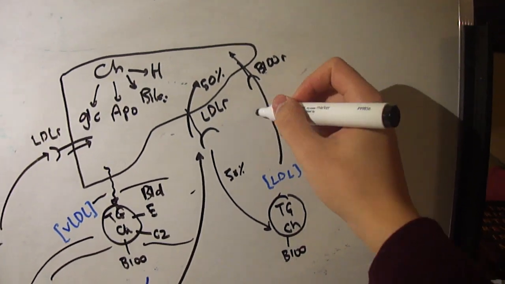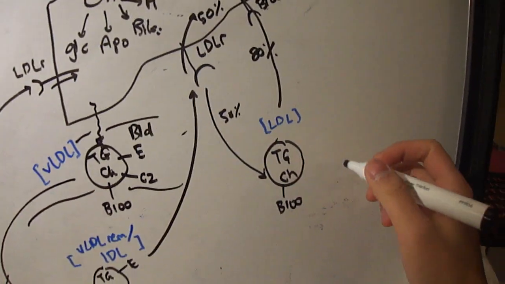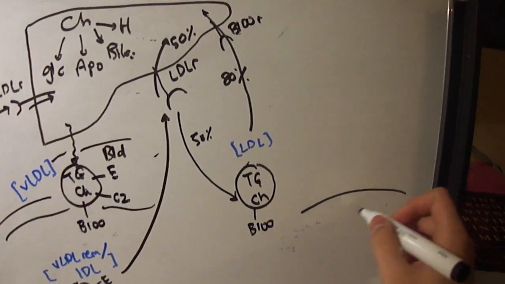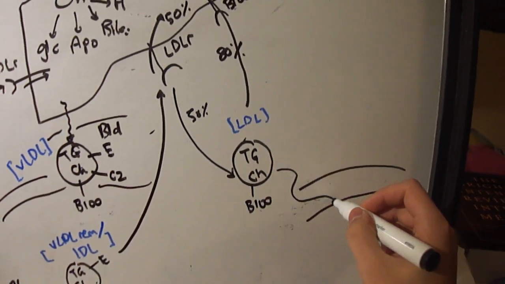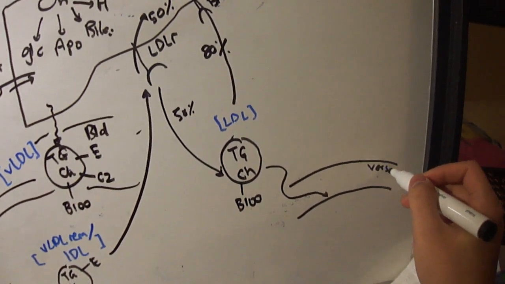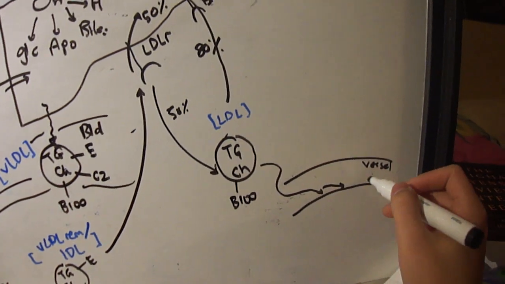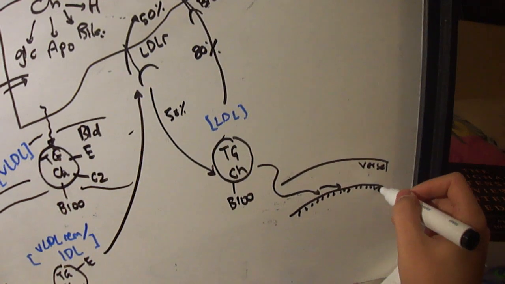Now, 20% of the LDL goes into the periphery, and some of that is going to be taken up by the macrophages inside the vessels, contributing to atherosclerosis.